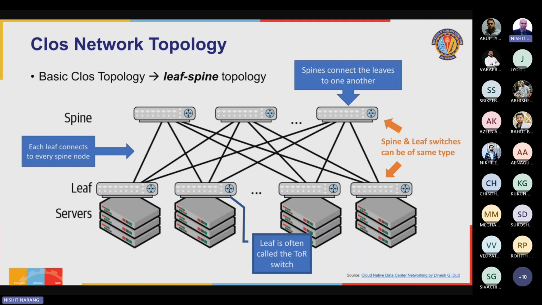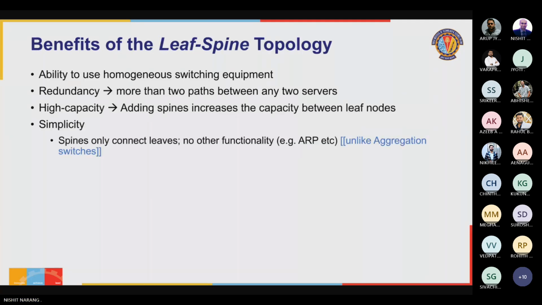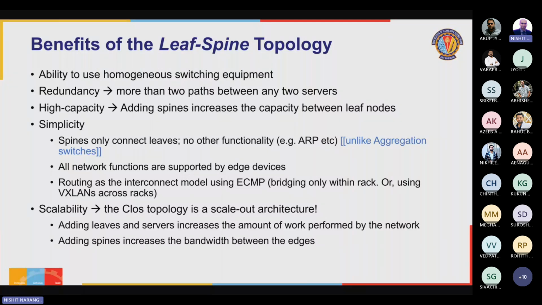This is what we had discussed, and we also talked about the benefits of this leaf-spine topology, where one of the biggest benefits comes from the use of homogeneous equipment. It's easier for a data center network administrator and infrastructure manager to manage a homogeneous set of equipment rather than dealing with multiple different types of equipment, as existed in the access-aggregation-core architecture.